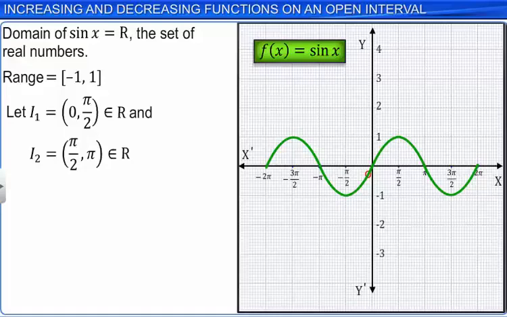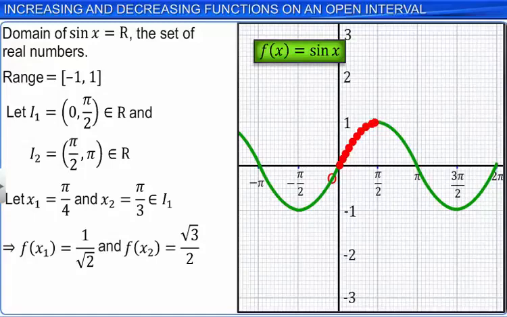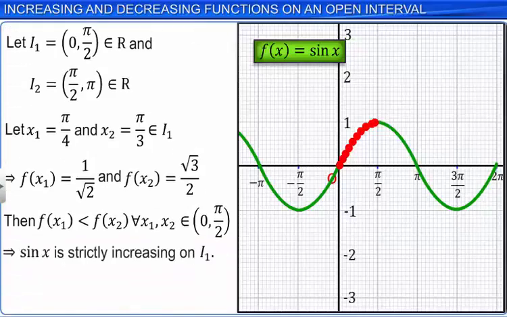If we consider any 2 points, x1 and x2, between 0 and pi/2, such that x1 < x2, then f(x1) < f(x2). This implies sin x is strictly increasing on interval I1.